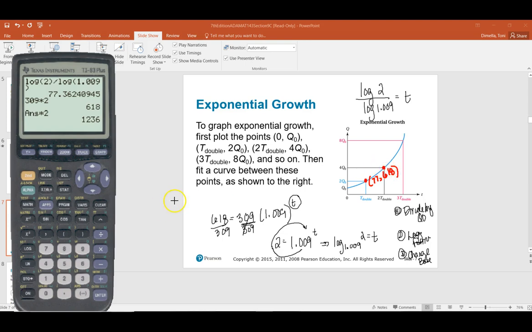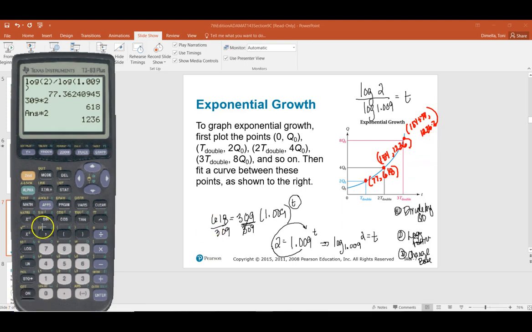This would be 77 plus another 77-ish, right? So 154, and that's my 1236. And if I wanted one more, that would be whatever 154 plus 77 is. And then this would be 1236 times the 2, because it's doubled again. So I can get 3 nice points this way.